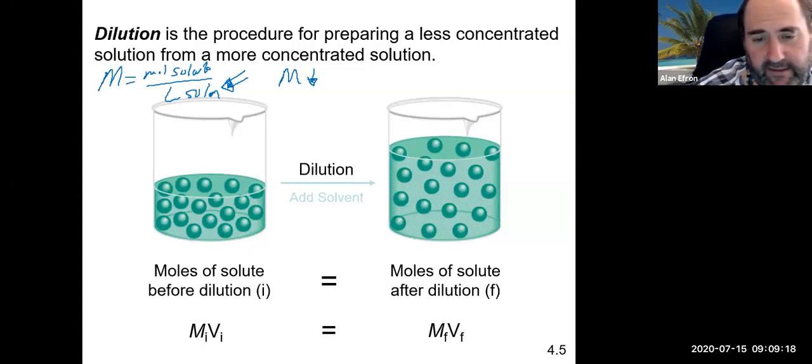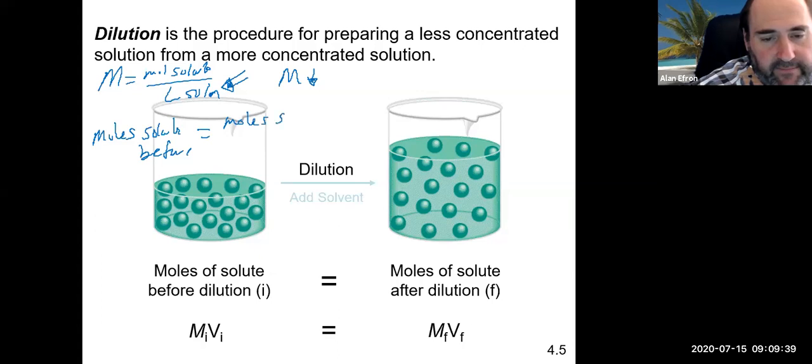You come this way, you got 4, 8, 12, and hopefully all the same numbers. You have basically the same number of circles on each side. The only difference is we added more water. So the important part of dilution is that the moles of solute before the dilution will equal the moles of the solute after the dilution.